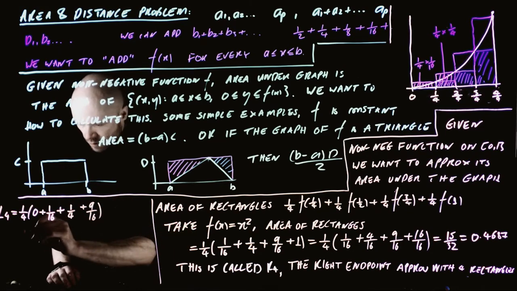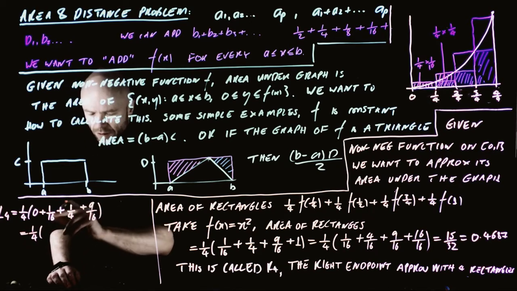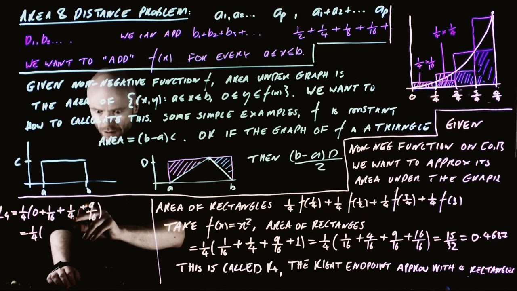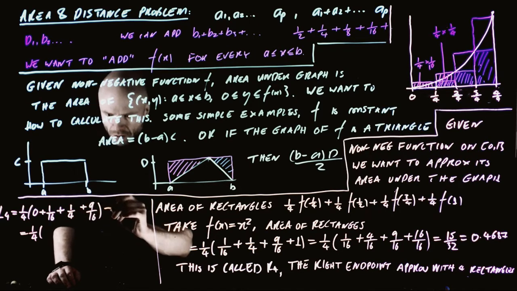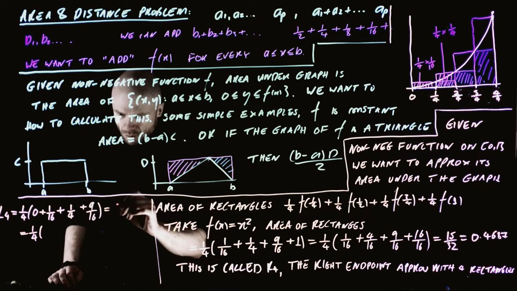And so what is this? 1 over 4. And let's put it all in terms of 16. This is 1 over 16. This will be 4 over 16. This will be 9 over 16. So the sum is 14 over 16. Right? So this will be 1 over 4 times 14 over 16.